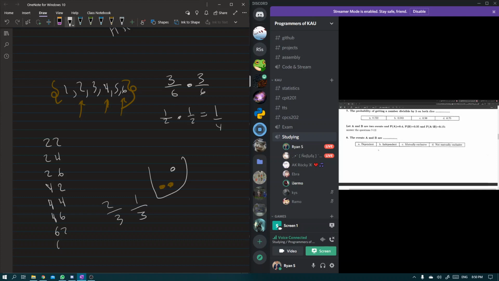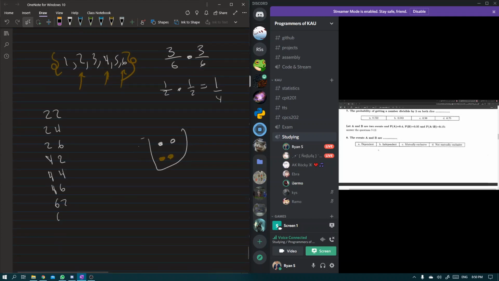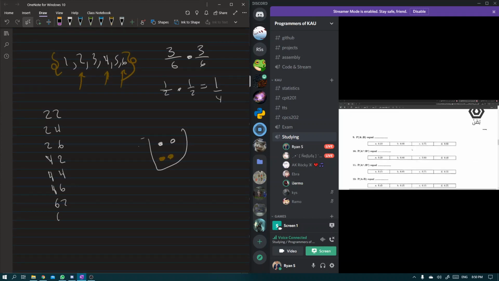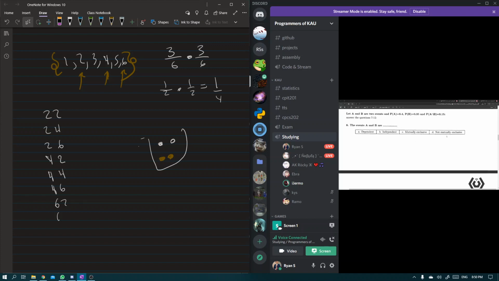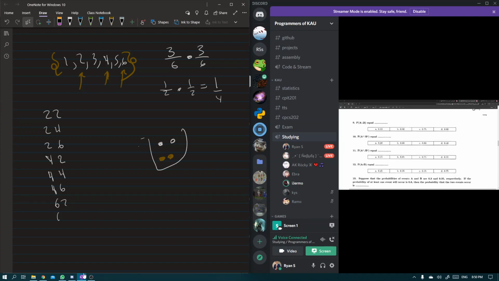This means they are dependent events. Without replacement, they are dependent on each other, since they change the probabilities of getting the next thing. With replacement, it's independent, because the probabilities stay the same. So here it's not mutually exclusive.